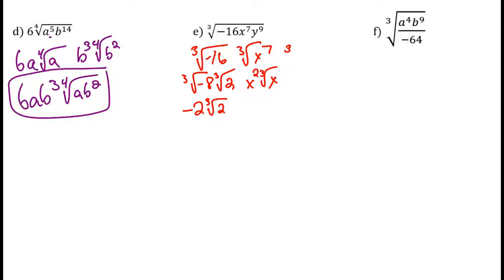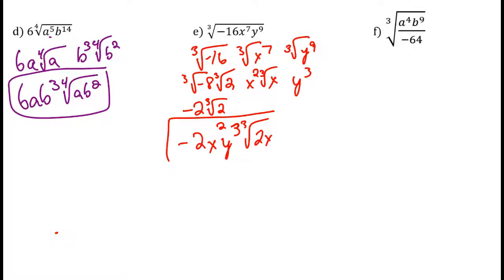And then the cube root of y to the 9th: 3 goes into 9 three times, so y cubed. So my final answer is negative 2 x squared y cubed times the cube root of 2x.